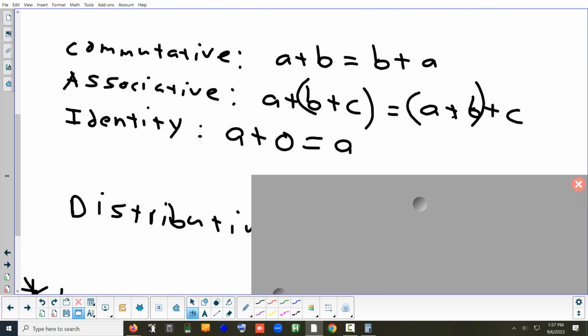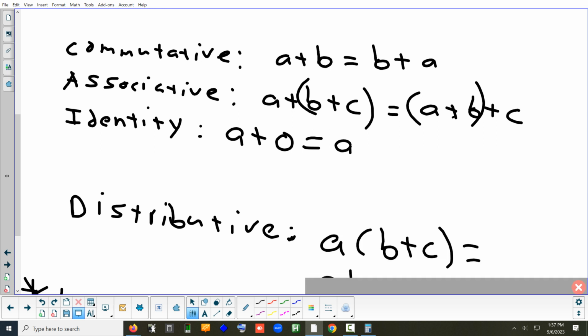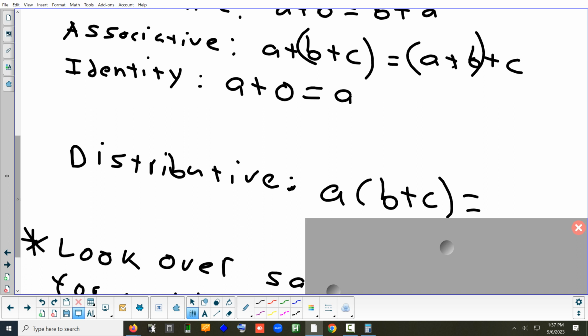Okay, and the last property, distributive. Whenever you have distributive property, does anyone remember the symbol you usually see in the problem? You're usually going to see parentheses, and you're going to see something in front. Inside the parentheses, you could have 2 or more terms, and they have to have plus signs, or it could be a minus sign.